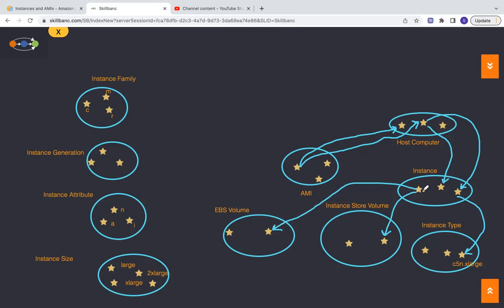Instance store volumes are gone when you terminate the instance. These are like hard disks, and the data stored on this will be gone.